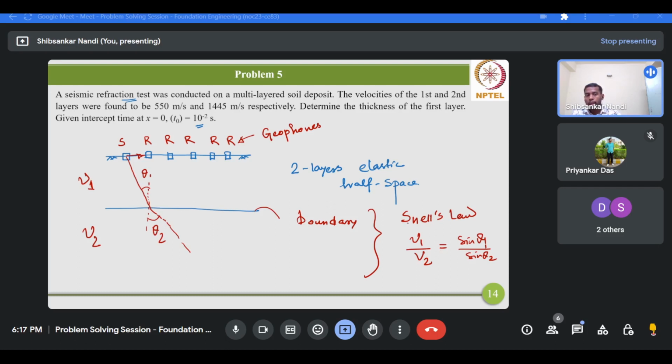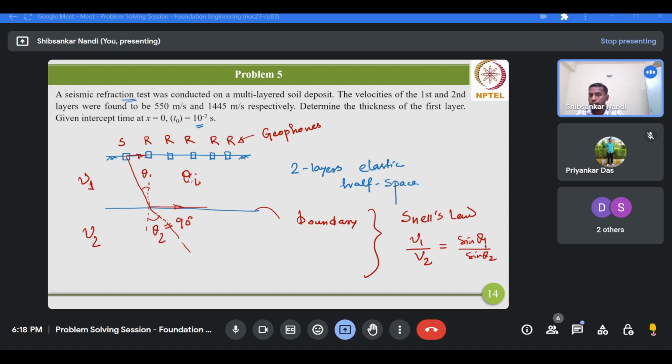Now, based on Snell's law, there will be a critical angle for theta 2. If the theta 2 value is 90 degrees, then the stress wave will be critically refracted, which means it will travel parallel to the boundary. This angle is then known as the critical incidence angle, theta I, or theta IC or theta C, whatever you want to take.